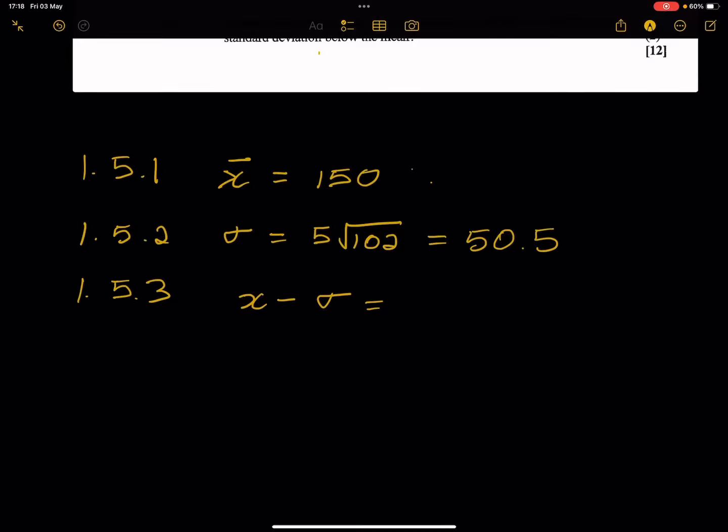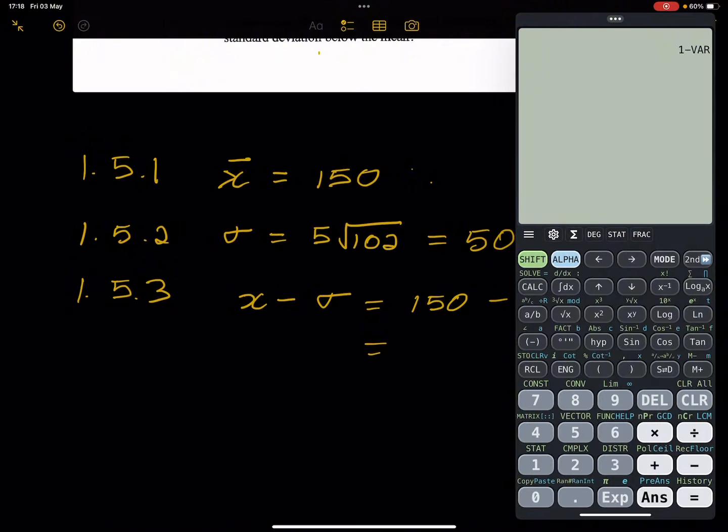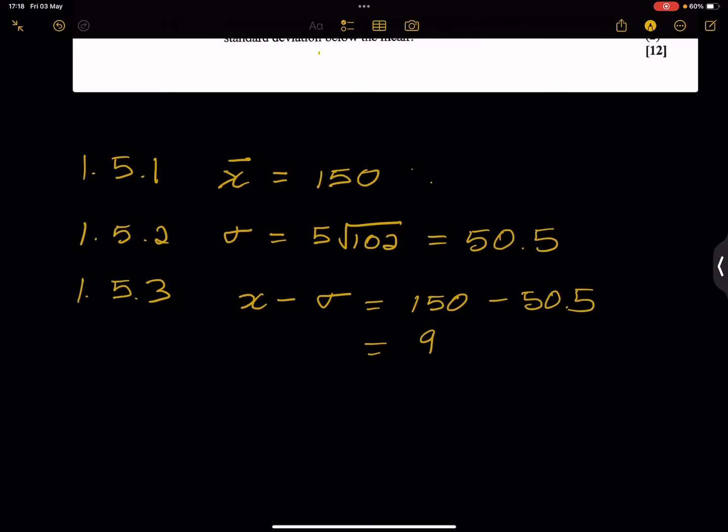So if we say our mean was 150 and our standard deviation is 50.5, so what does that give us? That's 150 minus 50.5. That would give us 99.5. So 1 standard deviation below the mean is 99.5.